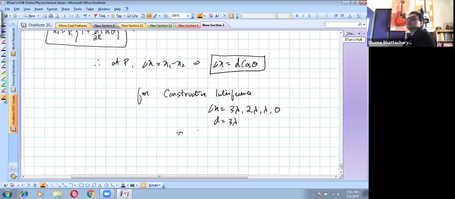So your theta is equal to cos inverse 1, cos inverse 2 by 3, cos inverse 1 by 3 and cos inverse 0.